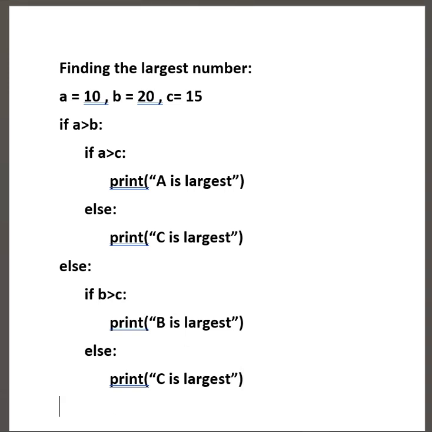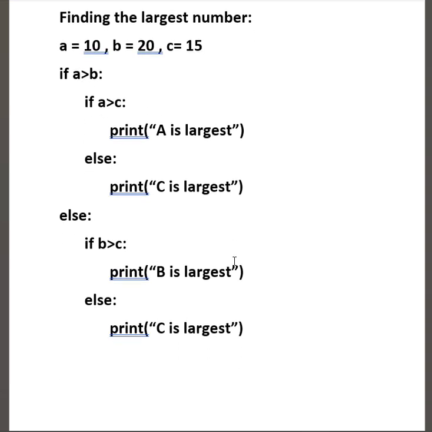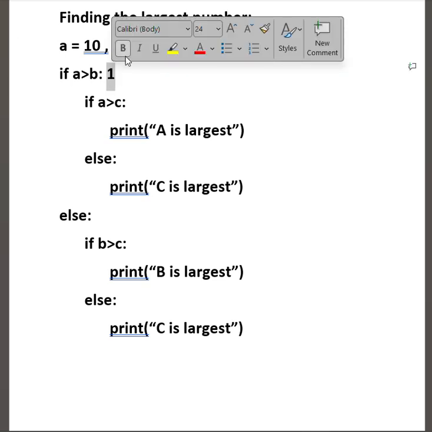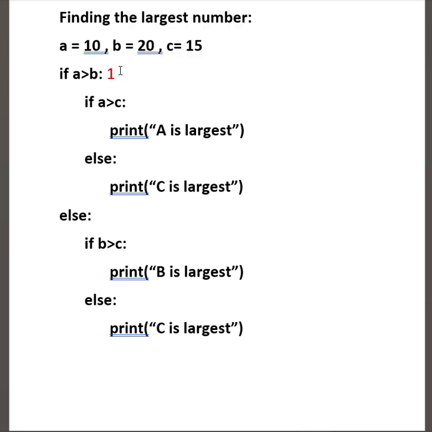That's it. We have taken three variables: A is equal to 10, B is equal to 20, C is equal to 15. If I check now, is 10 greater than 20?